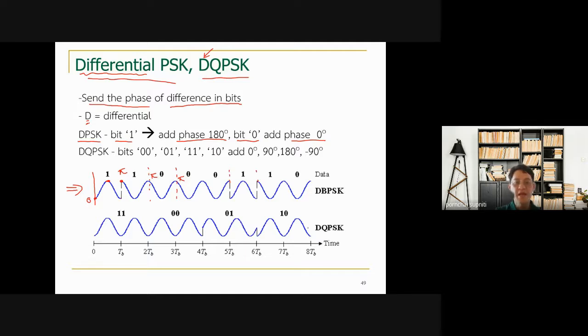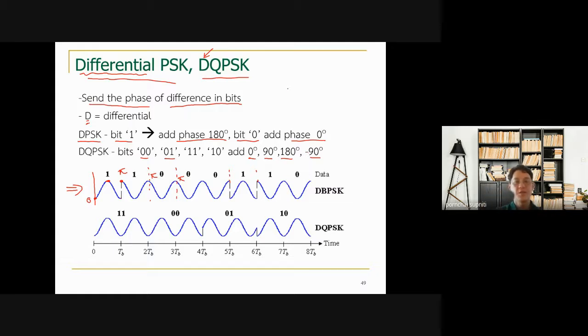And QPSK is similar. What they do here is if you have bits 00, you add phase of 0. If you have bits 01, we add the phase of 90 degrees, and 180 degrees, and minus 90 degrees, etc. So it's not a direct mapping between bits and phase, but for a differential system, for each bit or each symbol, you add the phase to the existing pulses.